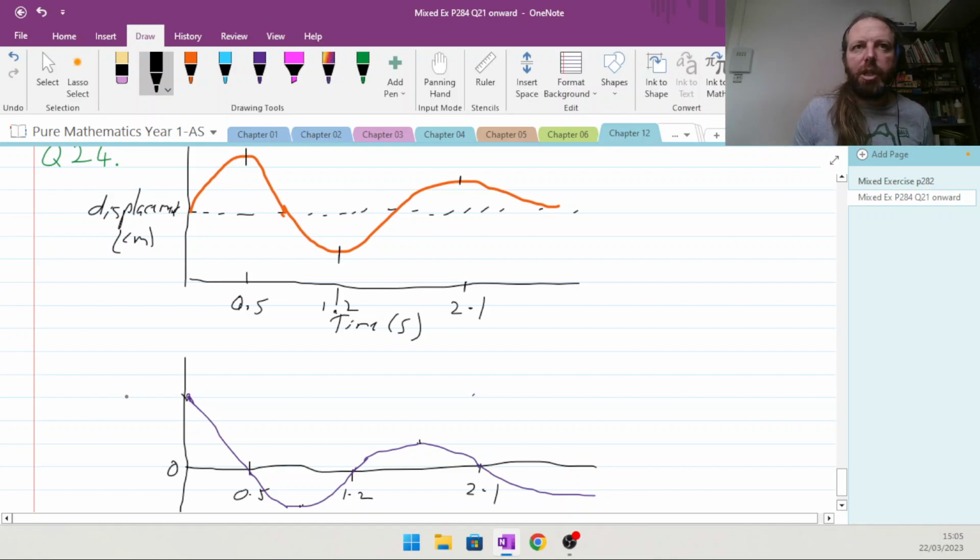So if we've got a change in displacement, we are going to be calling that, this feels like a distance speed, isn't it going to be? I can't quite think it through. I think it's distance speed. Okay, speed or velocity, really.